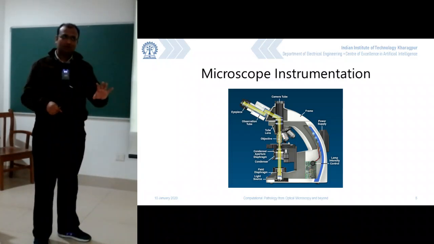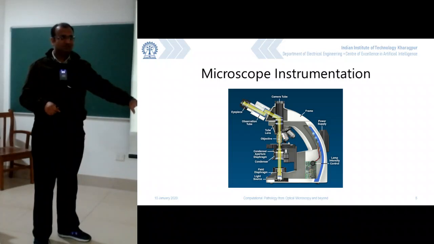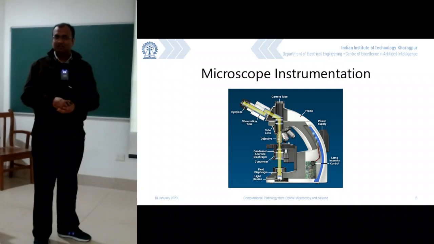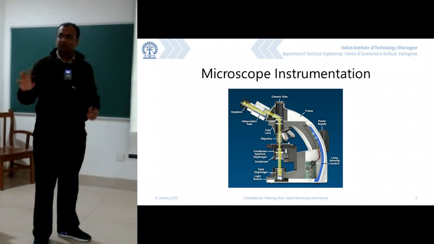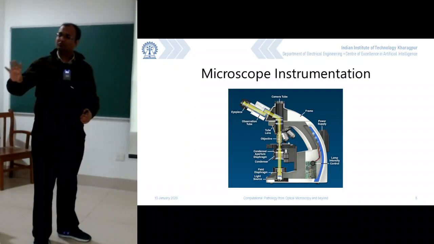If you know your +2 level physics well enough, something from your engineering optics, whatever you have studied, a bit of engineering mechanics and understanding of a workshop, and a bit of embedded systems in your second year or third year, you can pretty much build your own microscope and sell it for 30,000 rupees. And making a microscope which sells for 30,000 rupees would cost you of the order of 5 to 10,000 rupees itself.